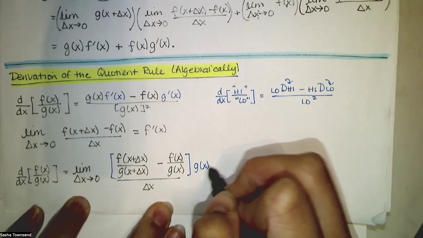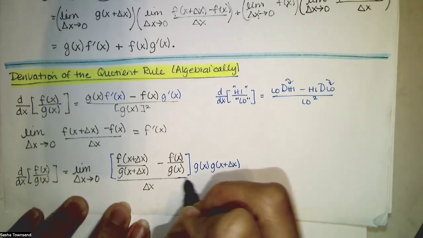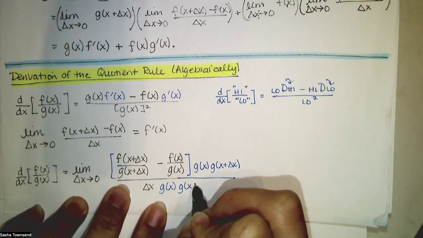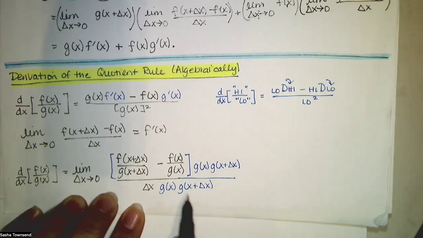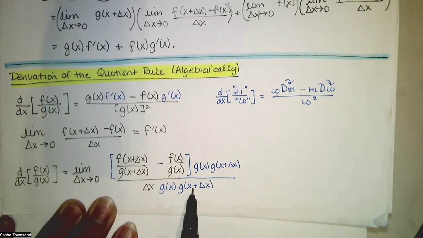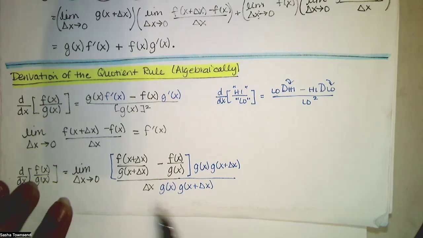So I multiply by g of x times g of x plus delta x. That's legal as long as I do the same thing in the denominator. And you can see that we're going to have a g of x times g of x, that g of x squared, down here when delta x goes to 0, as long as we can get rid of this delta x.